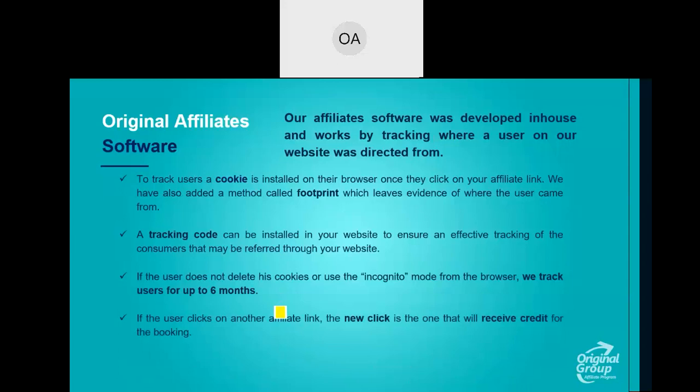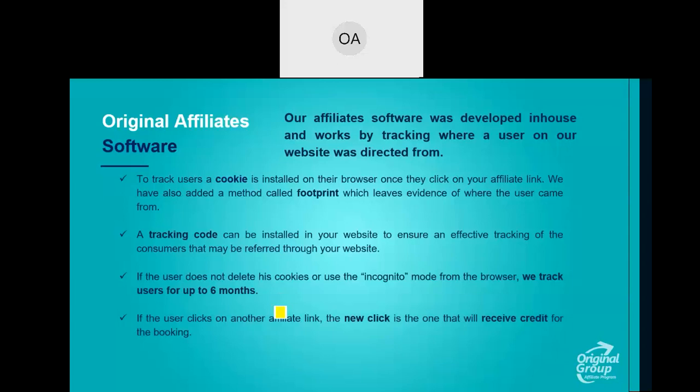Now, as I mentioned in my previous point, as long as your user doesn't click on a different affiliate link, we're tracking them with your affiliate ID. But the last click is the one that receives credit.